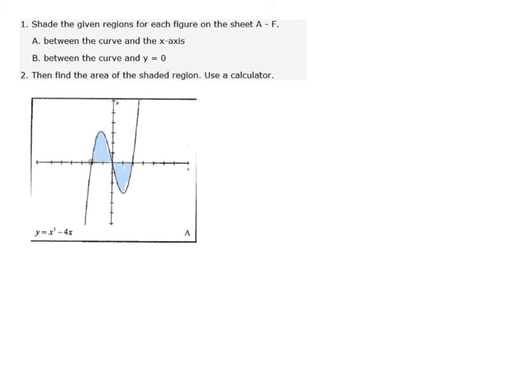The other thing that's really, really important is that you note that the curve and the x-axis have 3 intersection points. And those are important, where the 2 things intersect, where the curves intersect. Those are really important, plus the area itself.